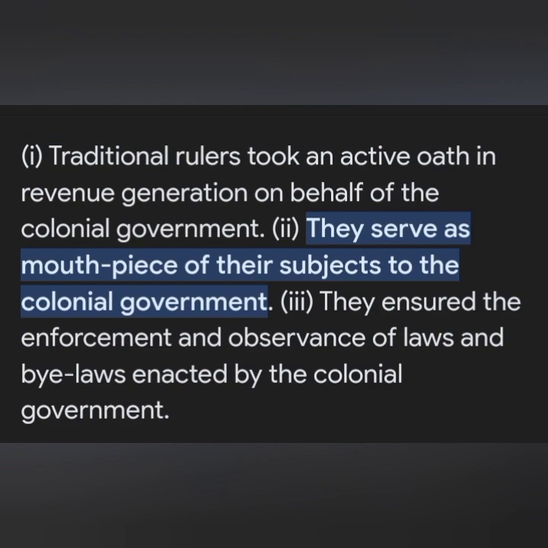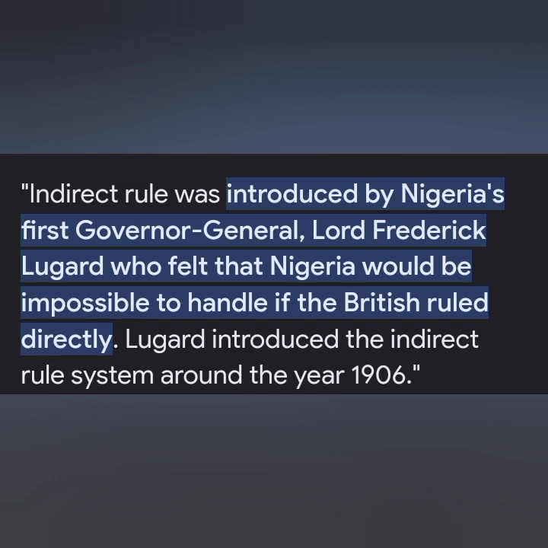The British were not directly involved in controlling the affairs of Nigeria. After Nigeria was taken over, what they did was that the traditional rulers were appointed to govern their own people on their behalf.